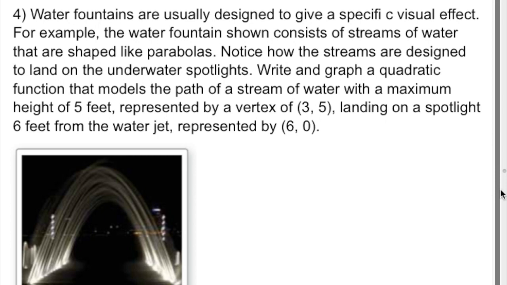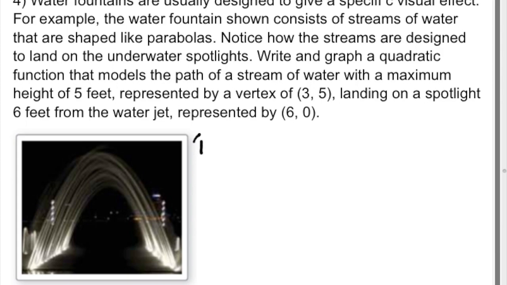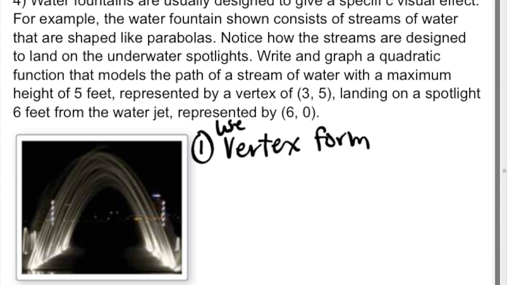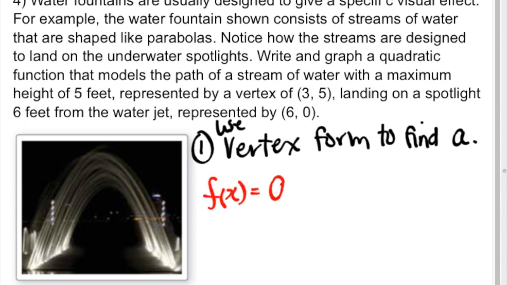Vertex is (3, 5), and you have a landing on a spotlight 6 feet from the water jet, represented by (6, 0). So the very first thing I would do here is to rewrite your vertex form. We just learned that the vertex form is f(x) = a(x - h) squared + k. So let's rewrite that.